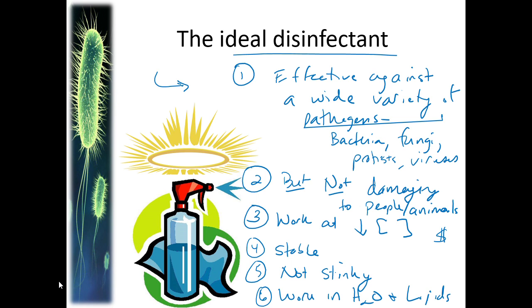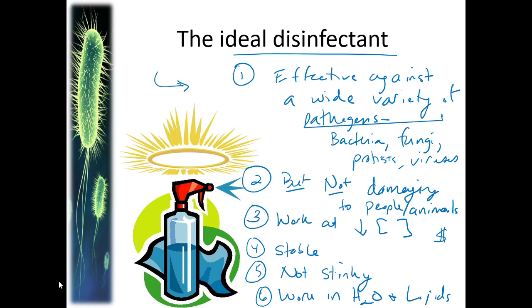So we talked about the idea of the ideal disinfectant. This would be similar to what we would talk about for the ideal antiseptic. You want something that is effective against a wide variety of microbes because you don't necessarily know which microbes are likely to be on a surface. You might have a better guess in a clinical setting, but you don't always know.